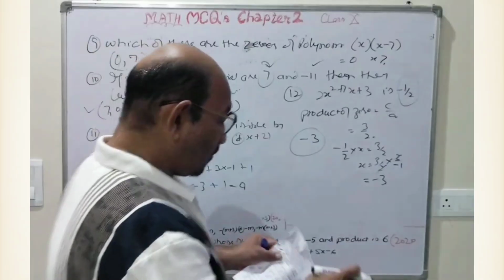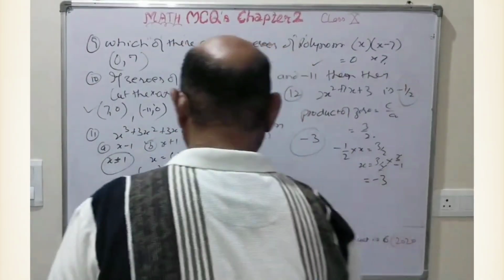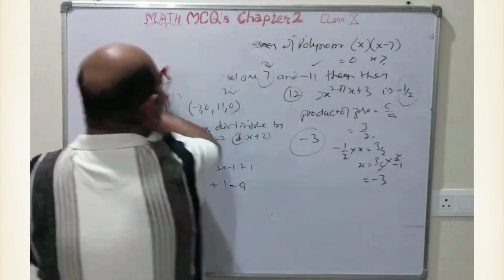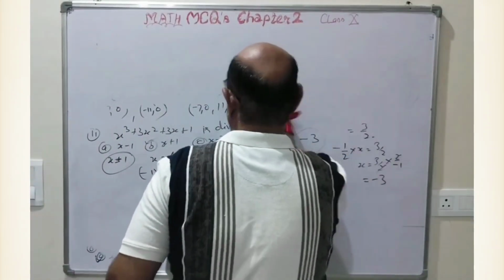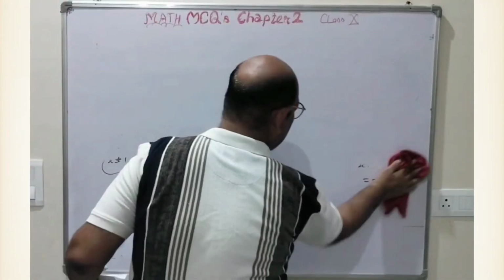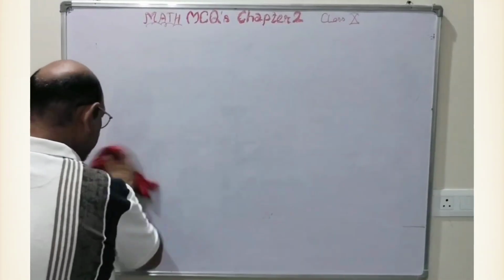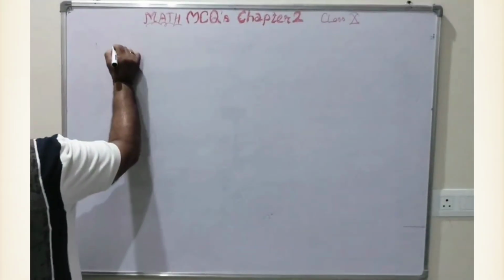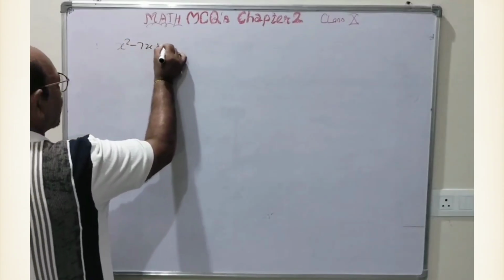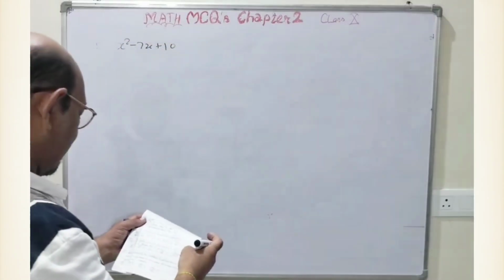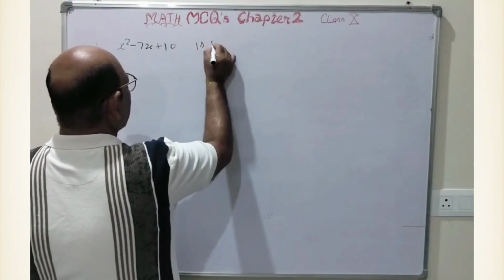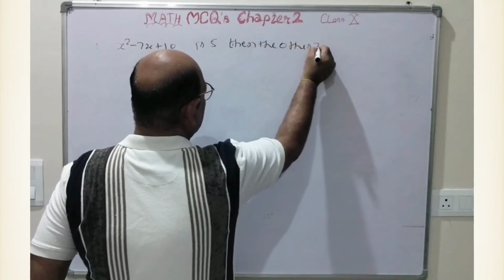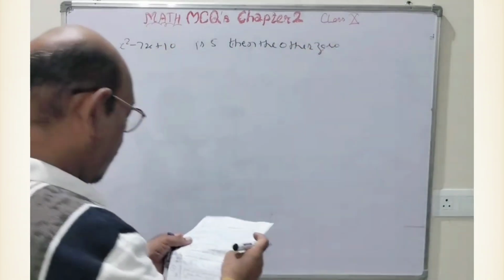Next is, if one zero of the polynomial x square minus 7x plus 10 is 5, then the other zero, तो दूसरी जीरो क्या होगी?